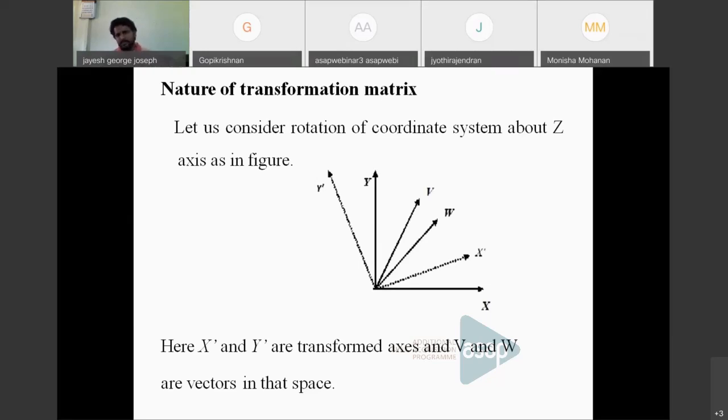If you change the coordinate like this, it is the passive transformation, and the system stays as it is. And if you change the system itself, then that is the active transformation.